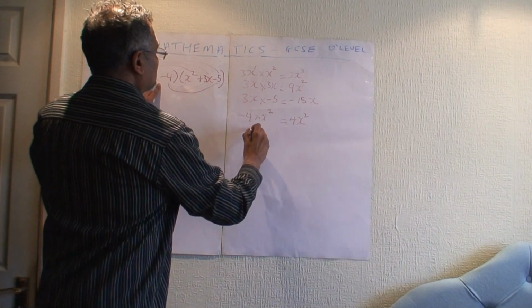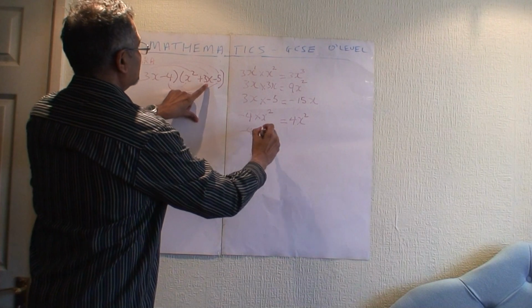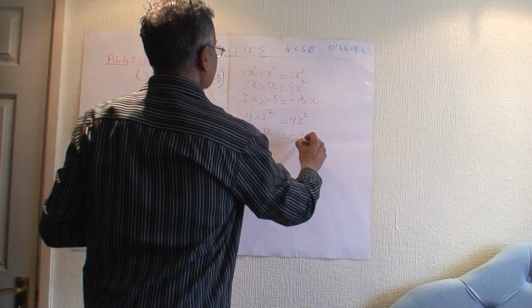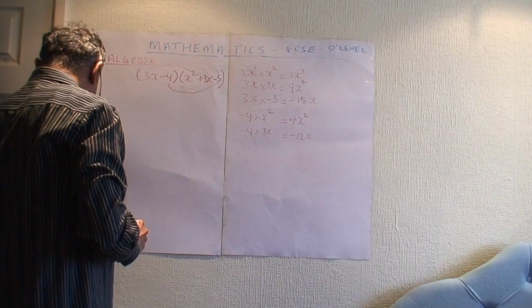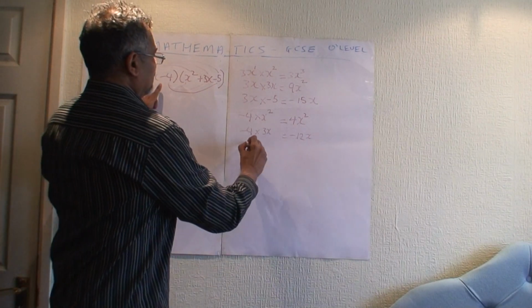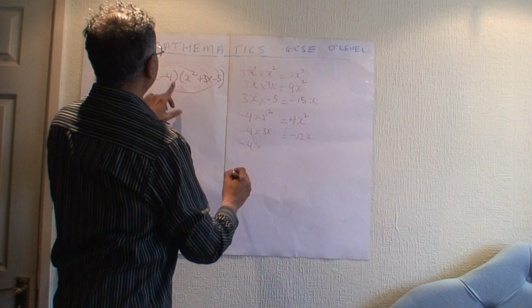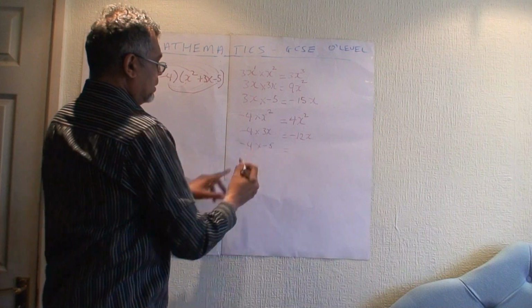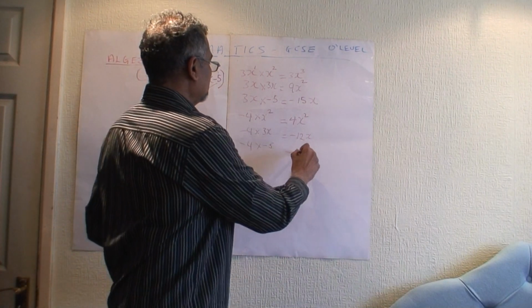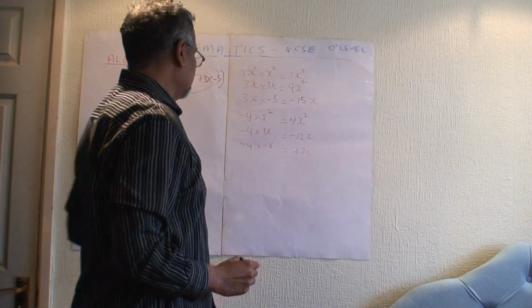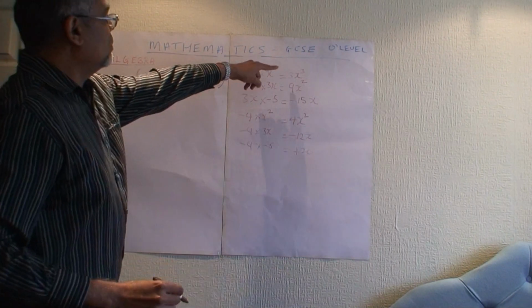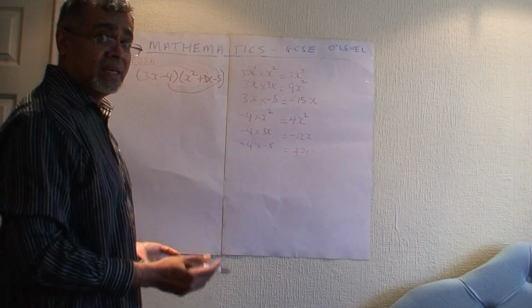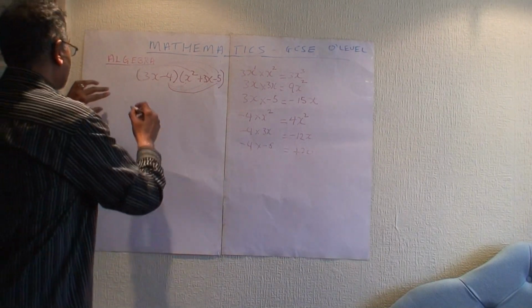Negative 4 multiplied by 3x is negative 12x. Negative 4 multiplied by negative 5, negative and negative becomes a positive, 20. So that's plus 20. So we place these values in a second line. Okay, so we put it like this.